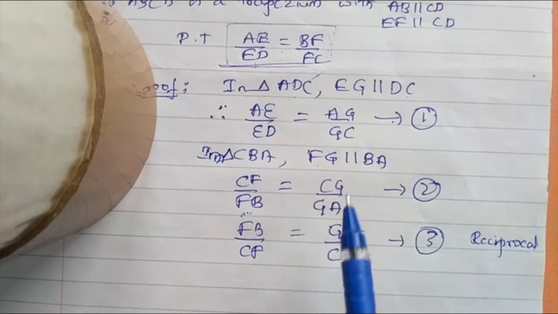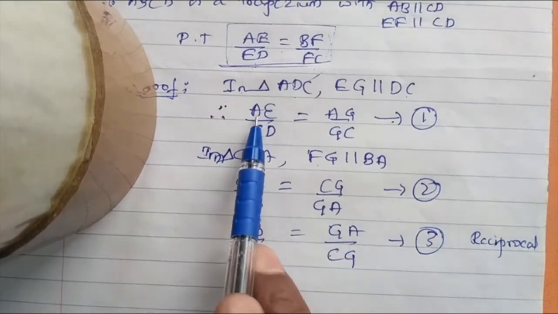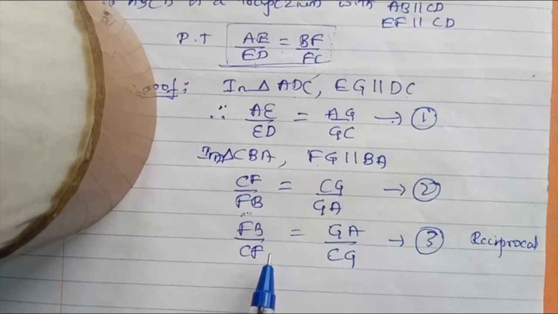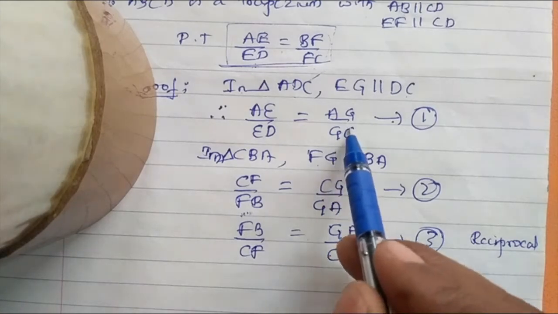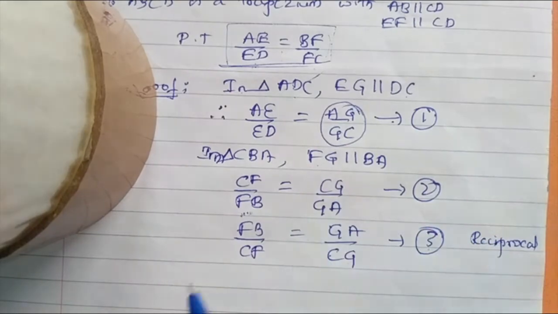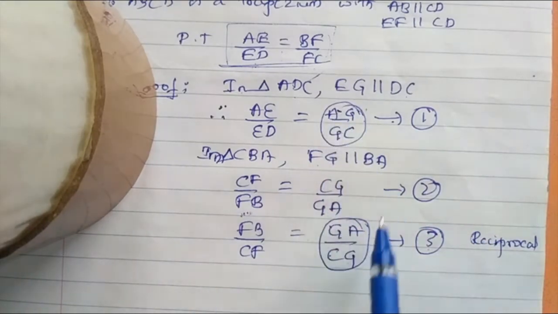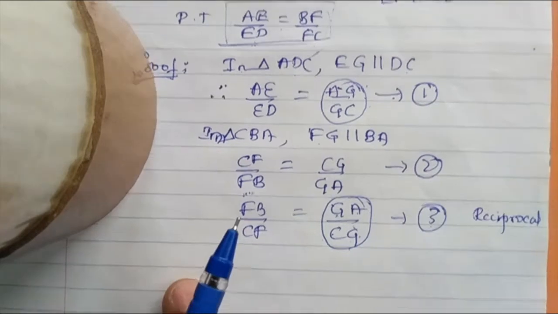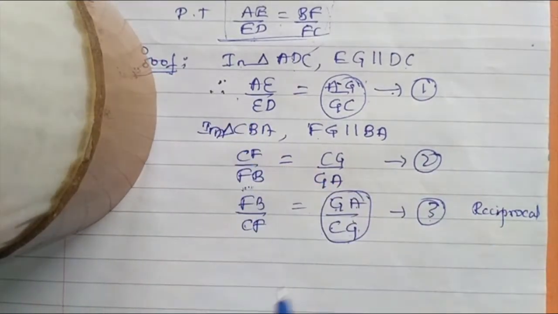Now check equation 1 and equation 3. Equation 1 says that AE by ED is equal to AG by GC. Equation 3 says that FB by CF is equal to GA by GC. Look at the right hand sides of equations 1 and 3. Whatever equation 1 has on the right hand side, equation 3 has the same: AG, GC. So when the right hand sides of two equations are equal, the left hand sides are also equal.